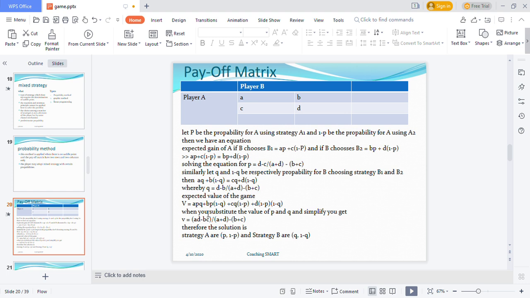So what is the expected value of the game? How do you get the expected value of the game? For you to get the expected value of the game, this becomes the equation.